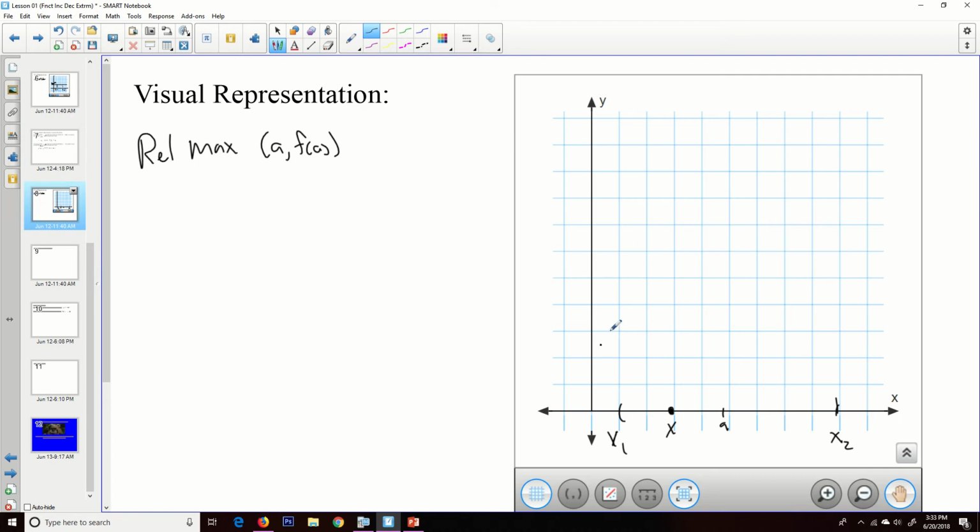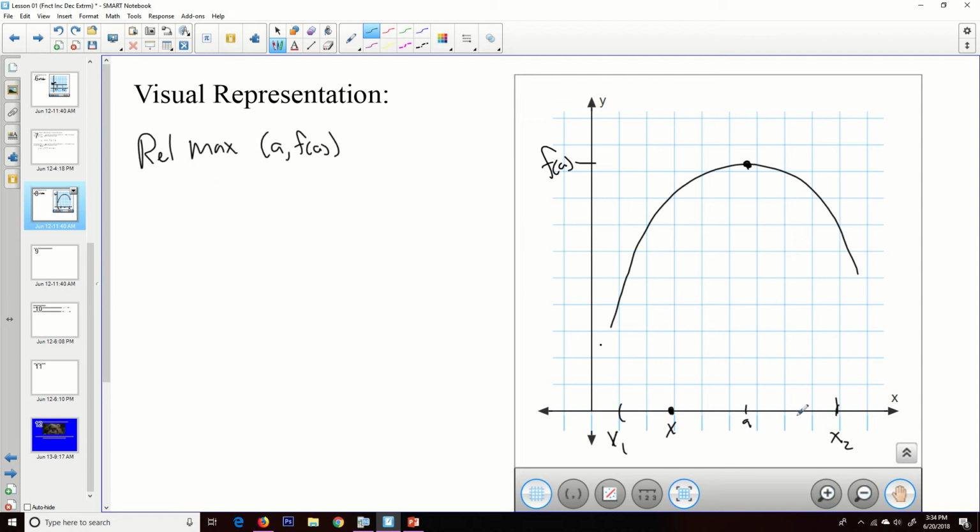So if I draw in a point here, and I'm going to move a so that I can get it where I want it to be. I'll grab this a and move it so that it's where the maximum is, right here. That's my maximum. There's my f of a. We want it to be a relative maximum.